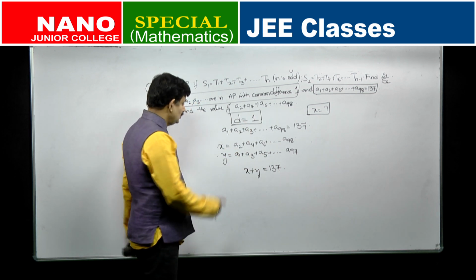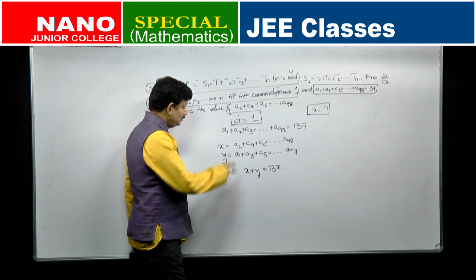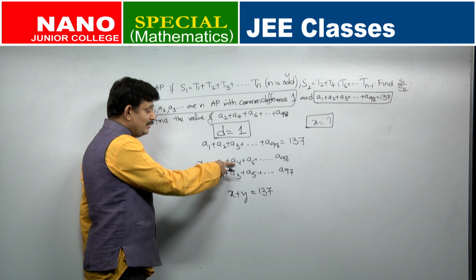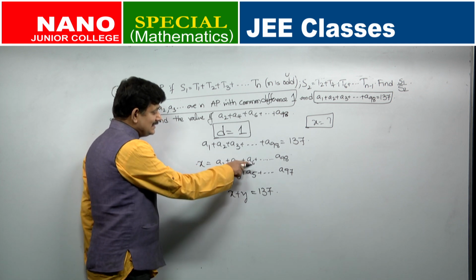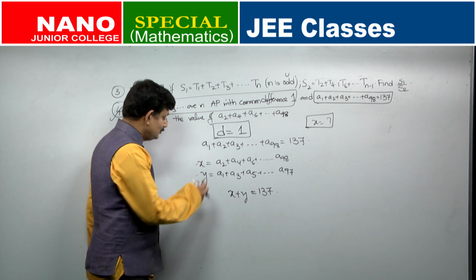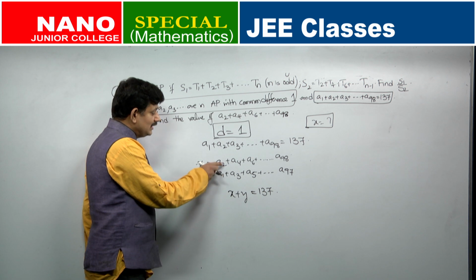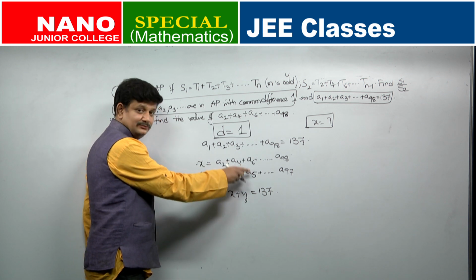Yes or no? So, A2 will be 1 more than A1. A4 will be 1 more than A3. A6 will be 1 more than A5. So, each and every term in x is 1 more than the corresponding term in y.